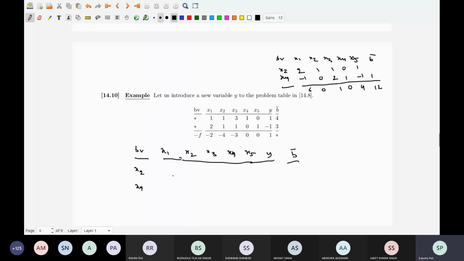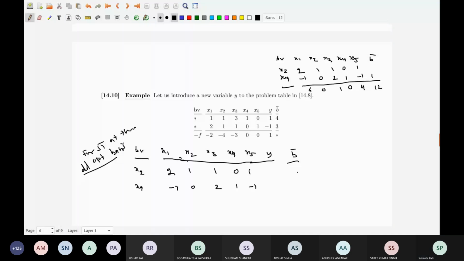So basically, form the simplex table at the old optimal basis. That's what I am trying to do, and I understand what will come. Now it will come this way: 2 1 1 0 1 minus 1 0 2 1 minus 1. B will come. What was the other entry? I forgot to copy. 3 1.